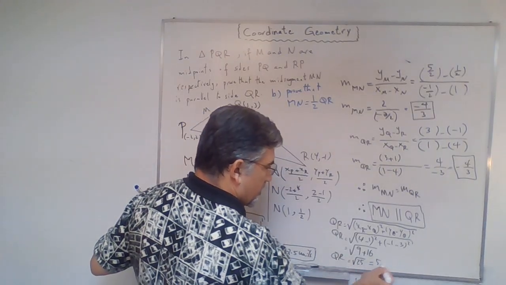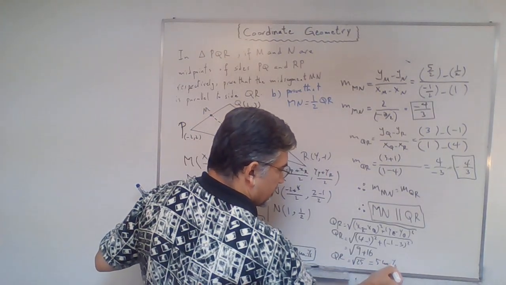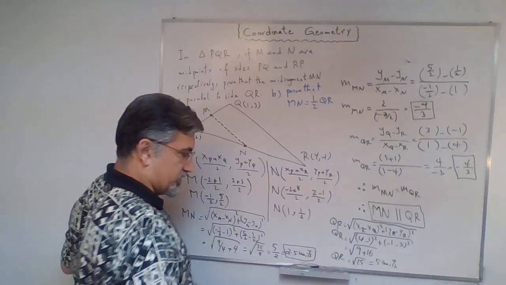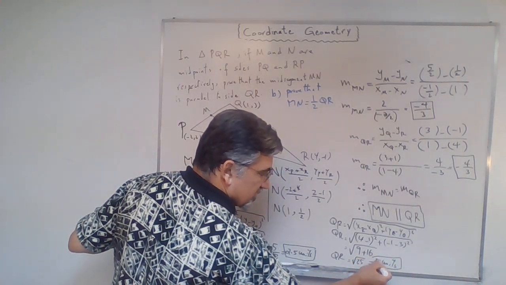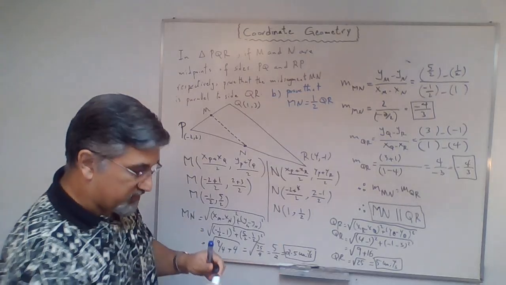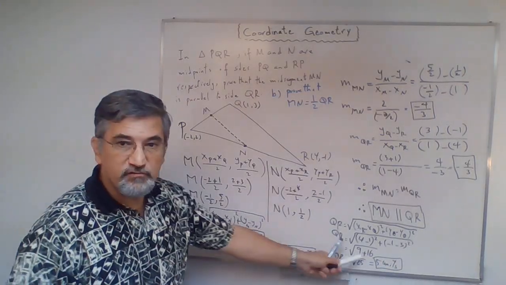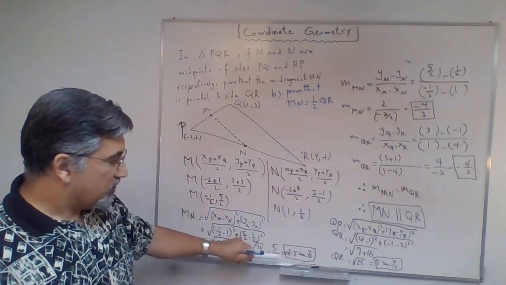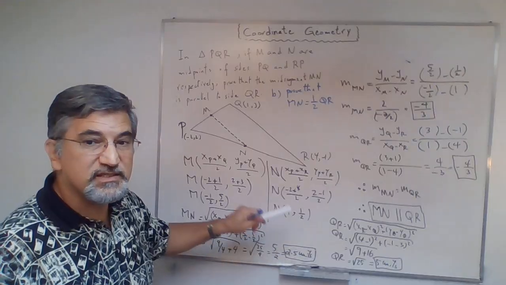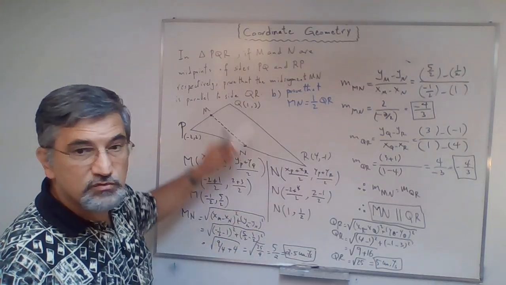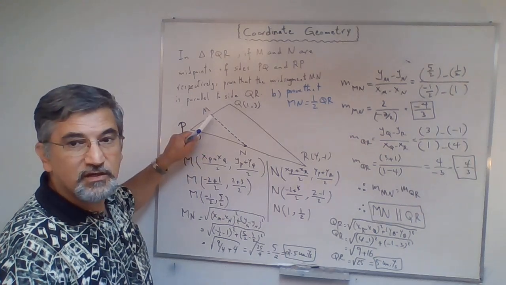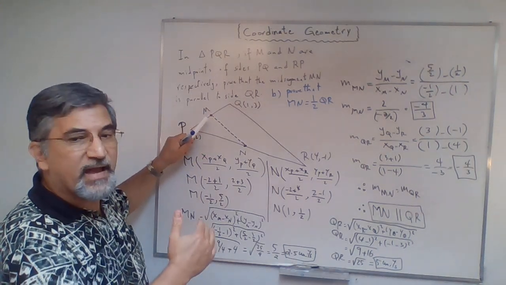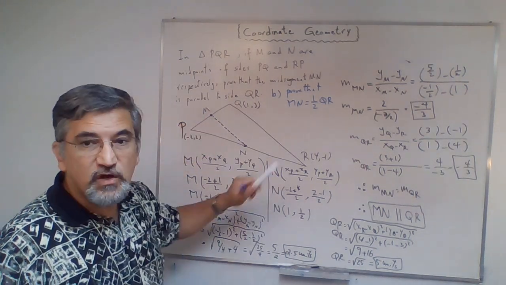So QR is 5 units. Okay, QR is the length of one side QR of the triangle, and it's exactly 5 units. But the mid segment was 2.5 units, which is exactly half of QR. So we actually showed that the length of the mid segment is 1/2 of side QR.